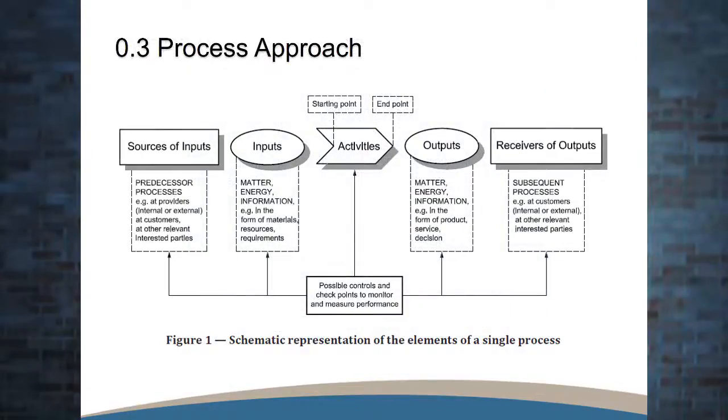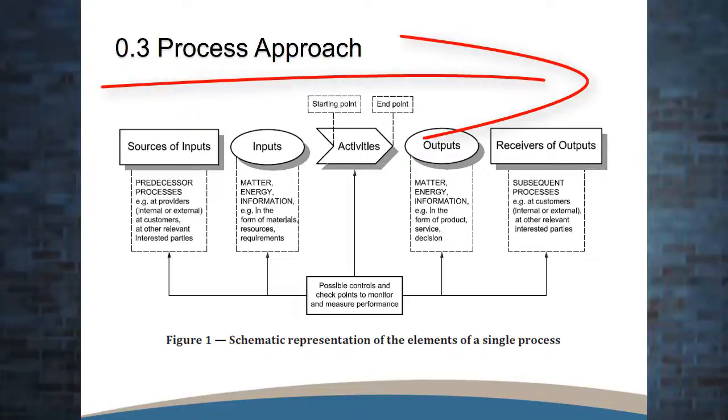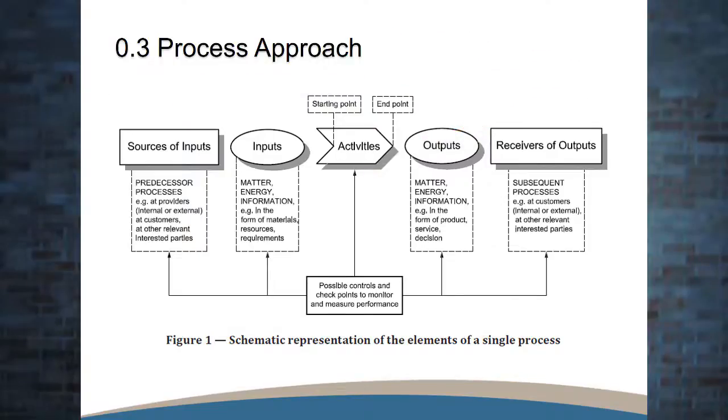The ISO 9001 standard at clause 0.3 process approach has broken down a single process into the various elements of that single process. We have sources of input, inputs, activities, outputs, and receivers of outputs. This is a review. We saw this slide in an earlier module.